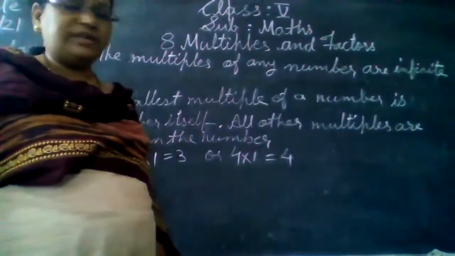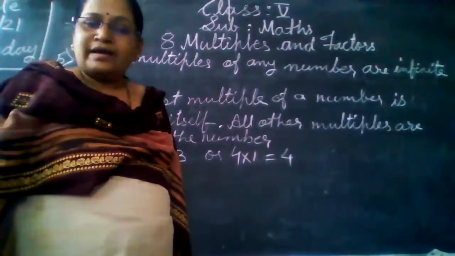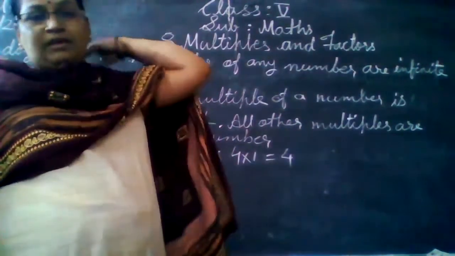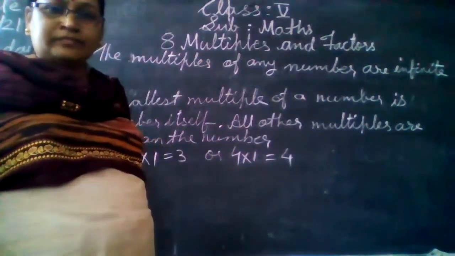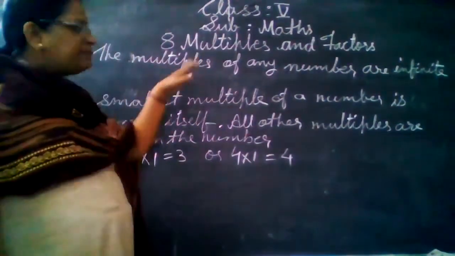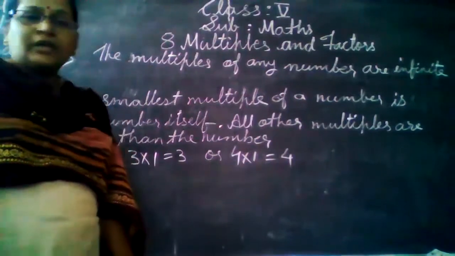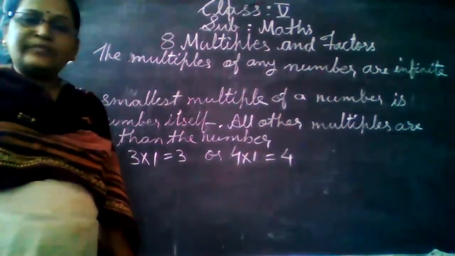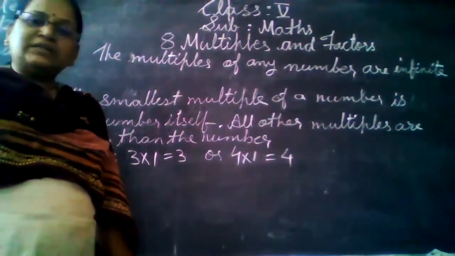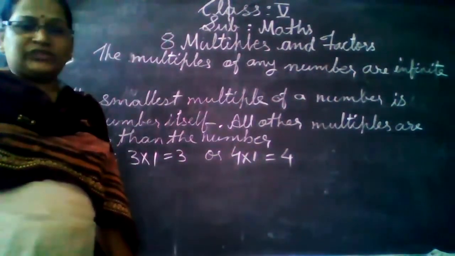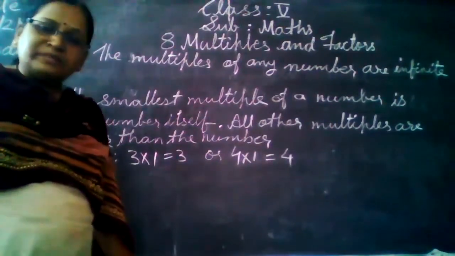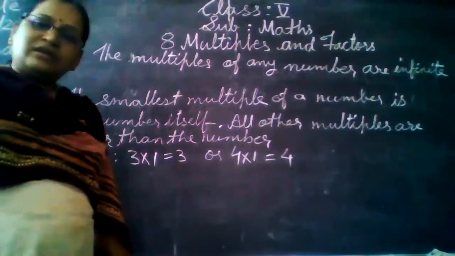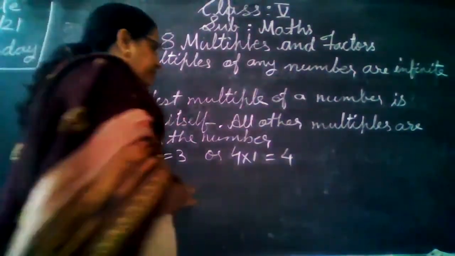What is the meaning of infinite? Unlimited. Not ending, ever. So why are the multiples of any number infinite? Because we get the multiples of any number by multiplying it by natural numbers, and natural numbers are infinite. That's why multiples are also infinite. Got it, beta?